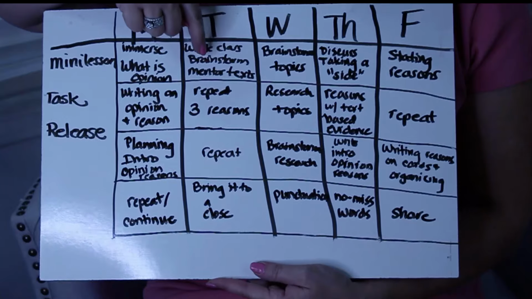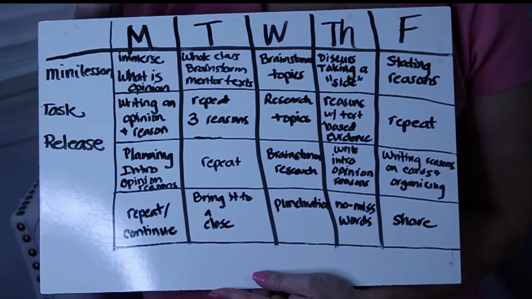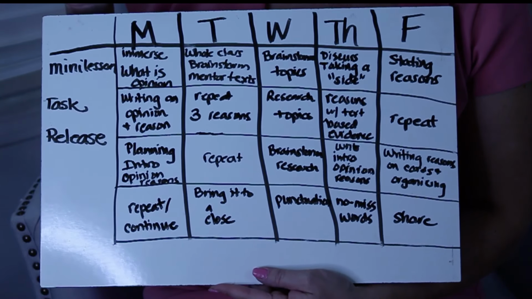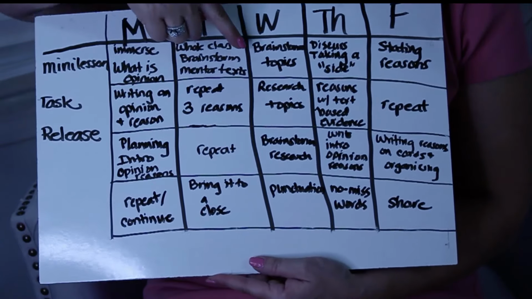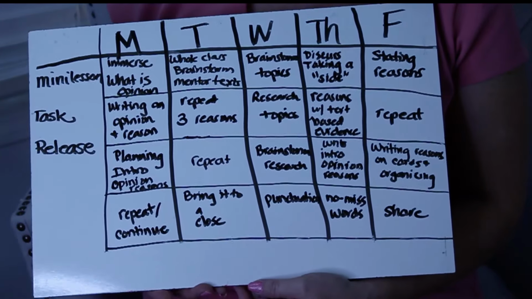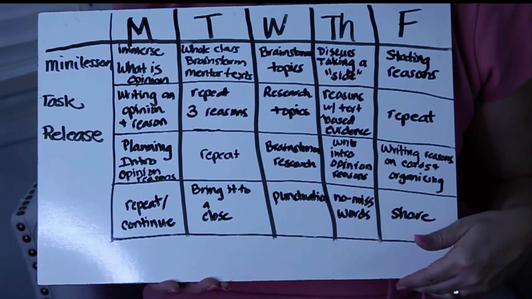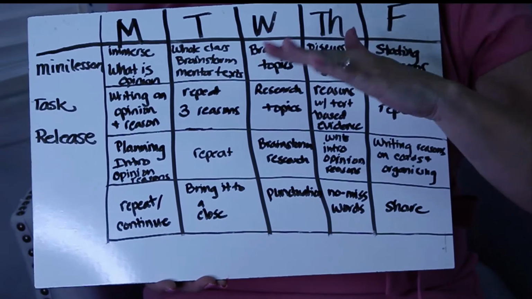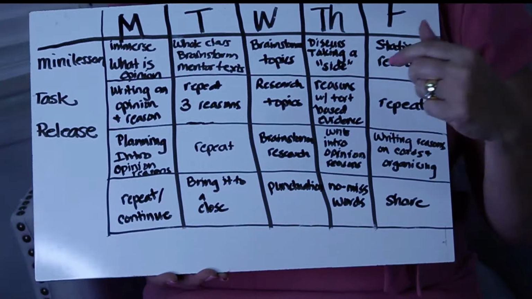Then on the second day, on Tuesday, go into a whole class brainstorm with different texts that we can look at, different topics that we could research. What do we want to write our opinions about? Then I go on to Wednesday with the students doing individual brainstorming of their topics. We use their writing notebooks and we have them brainstorm things that they're interested in writing about.